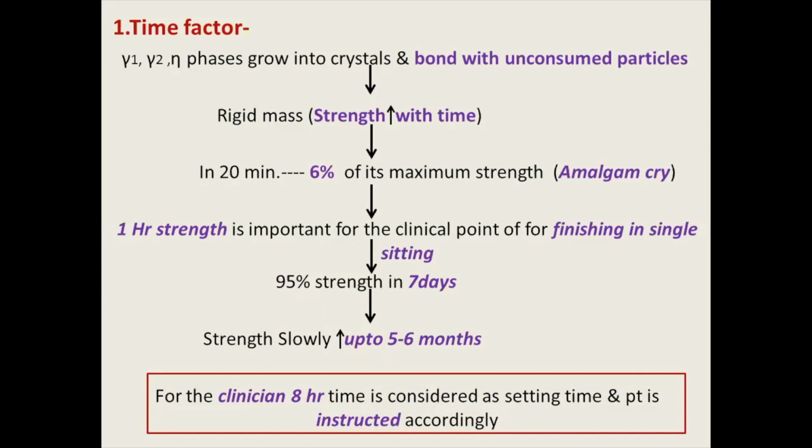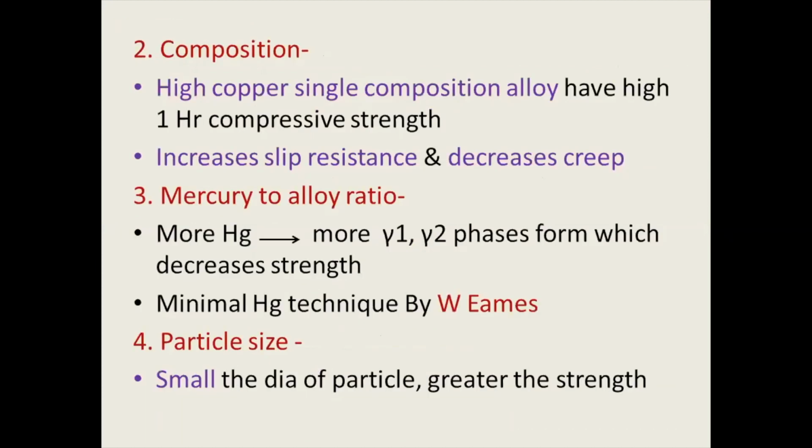At this time, about 70 to 80% of the total strength is attained. Why is this important? Because when you are giving a restoration in the patient's tooth cavity, you will have to instruct the patient not to use excessive masticatory force for about 6 to 8 hours after the restoration, because the strength achieved will not be adequate. So you will have to instruct the patient accordingly after the amalgam restoration.